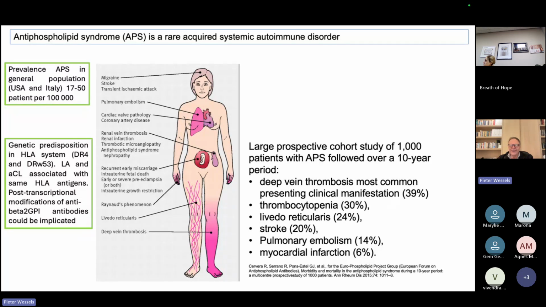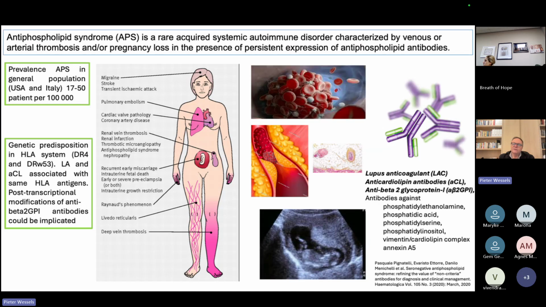I think the idea of antiphospholipid syndrome being a congenital disorder is because of the testing, where you do a hypercoagulable screen and it's lumped with protein S, protein C deficiency, antithrombin deficiency, etc. But just to again show you that the most common presenting clinical manifestation of antiphospholipid syndrome is really deep vein thrombosis.